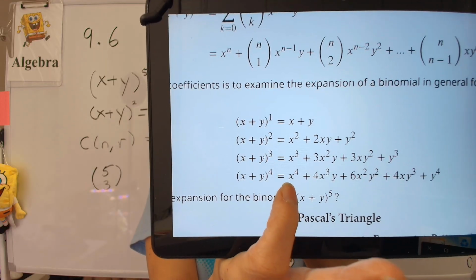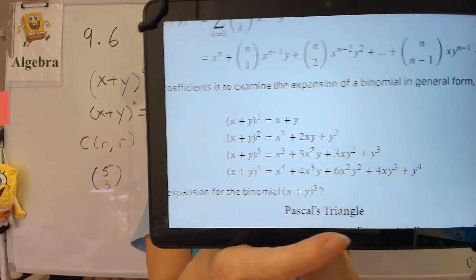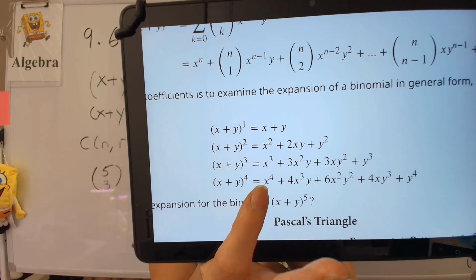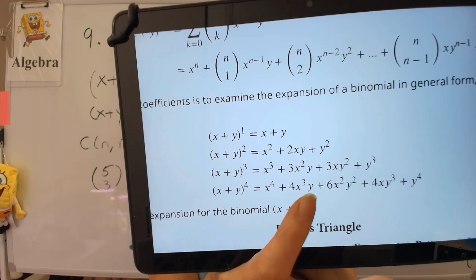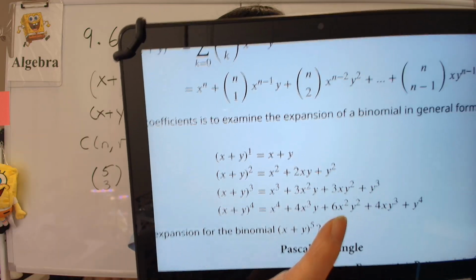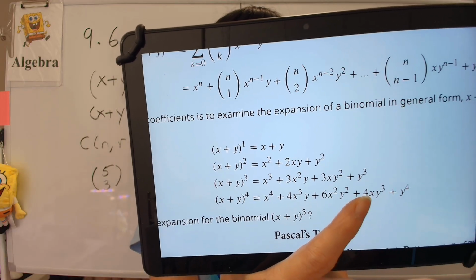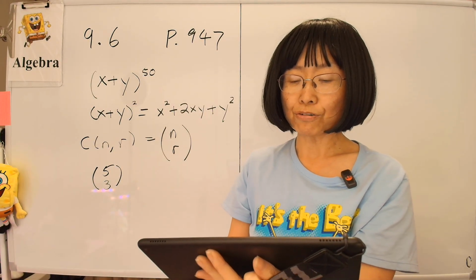And y starts at 0, and then goes up to 1, 2, 3, 4. Now notice the total of the powers, if you add them up, is always 4. Here x is power 4. Right here, x is power 3, y is power 1. The total is 4. Right here, x is power 2, y is power 2. Total is 4. So the total of all the powers is always 4 in this case.